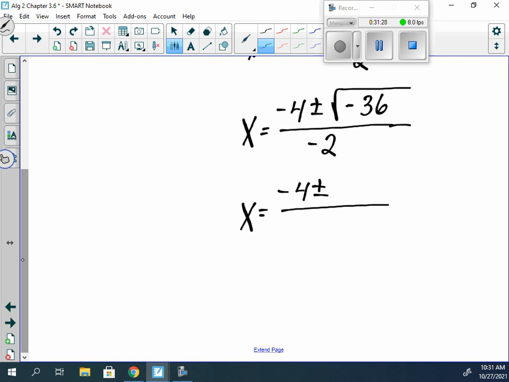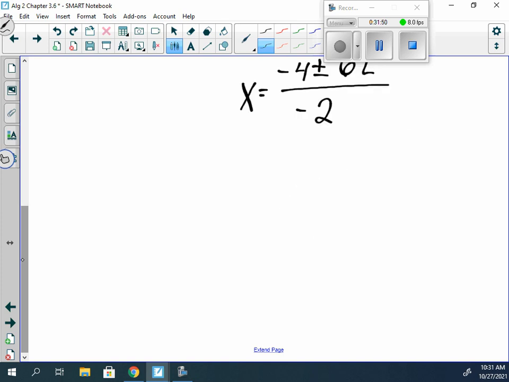We need to simplify the square root of negative 36. Because the negative inside the square root of negative 36 would come out as i. The square root of 36 is 6, all over negative 2.